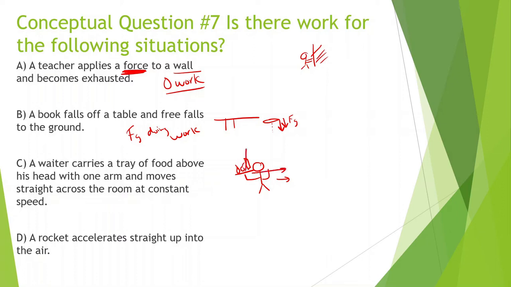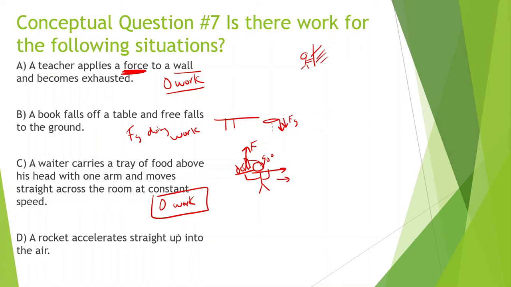However, he's applying a force straight up. So actually, he's not doing any work with his arms. Okay, he's not lifting it up or going down, and it's going to the right. And this is going to be a 90-degree angle, so there's going to be zero work happening here. Okay, the force is not helping it move at all.